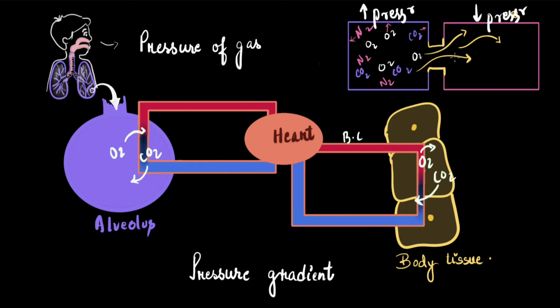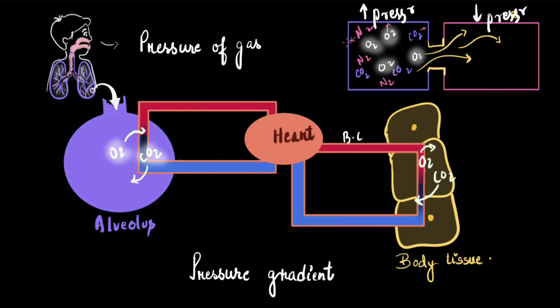But when we talk about the gases in the human body, we are mostly concerned with oxygen and carbon dioxide and not other gases like nitrogen. So if we need to calculate how much oxygen moves in and how much carbon dioxide moves out of the body, we need to know their individual pressure, right? Out of the total pressure of the gas that we inhale, if we calculate only the pressure exerted by oxygen, that will be called the partial pressure of oxygen.